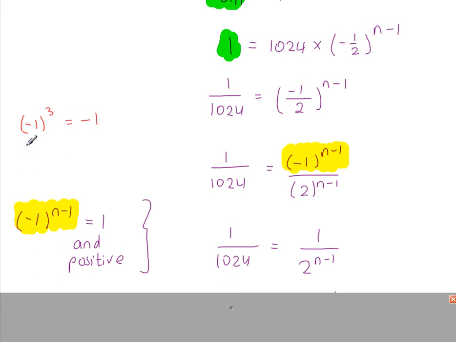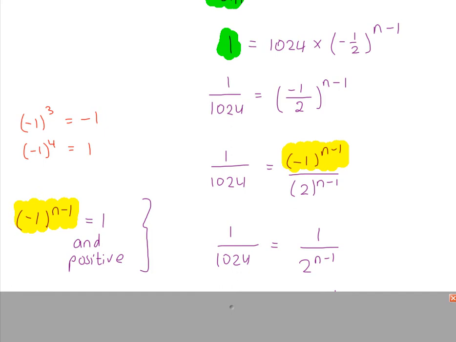So it's either 1 or minus 1. Now it has to be positive, so it's got to be plus 1, because the left hand side of the equation is a positive value and the denominator is positive, so the numerator must also be positive. A positive number divided by another positive number gives a positive number. So I can simplify all of this to just 1.